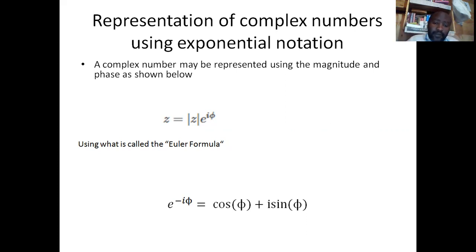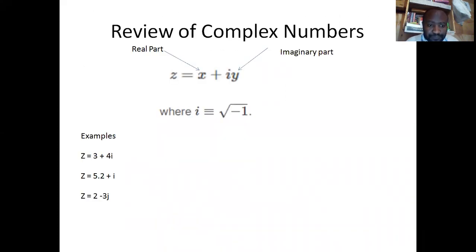Remember, we have previously seen how to compute the magnitude of the complex number and how to compute the phase of the complex number. So it's possible I can give you a complex number like one of these given in the example here and tell you to convert it to the exponential notation.